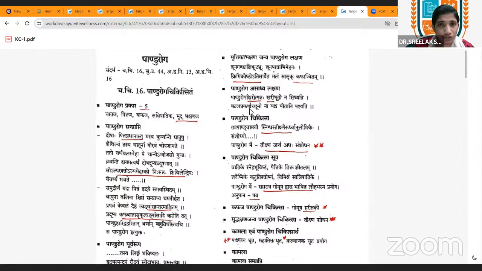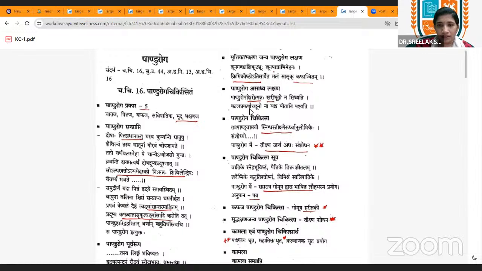And Angeshu Shunaha Parihina Madhya: that is Shotha in hand, leg, shoulders, and Shosha in the Madhyama Bhaga, the middle part of the body. This is also Asadhya Lakshana. This quotation is very important: Angeshu Shuna Parihina Madhya. This is the Asadhya Lakshana of Pandu.